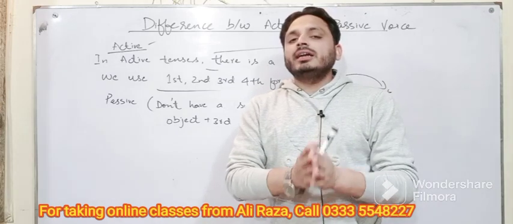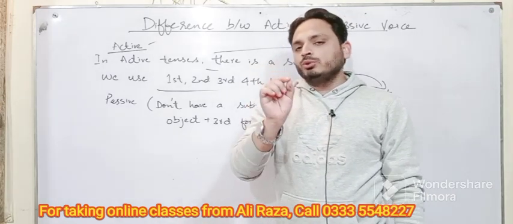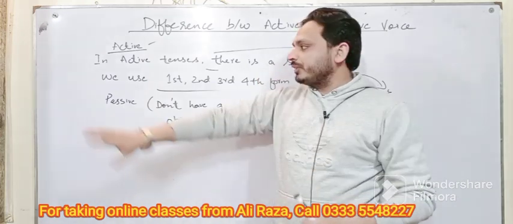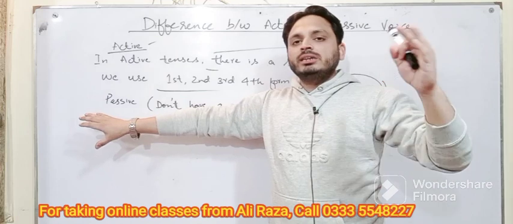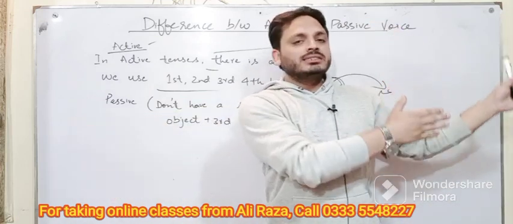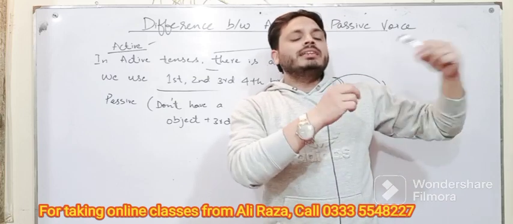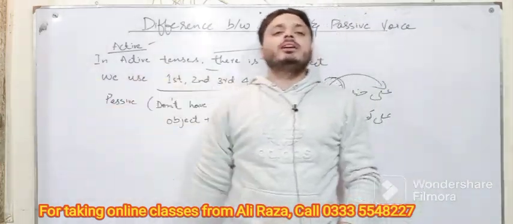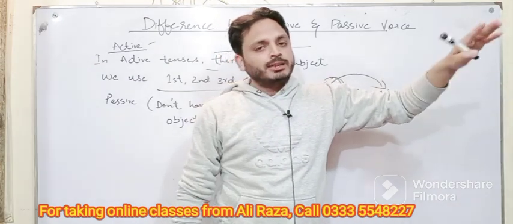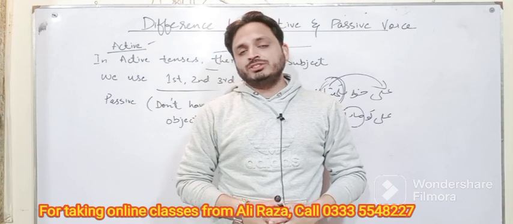You can't learn active and passive this way. First of all, you have to learn how to discriminate whether a tense is an active voice or passive voice. Once you are sure that it is an active voice, apply its formula. And if it is a passive voice, apply the specific formula of that tense. This is a very important thing which I have mentioned here.